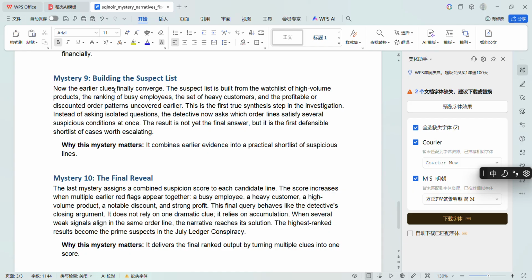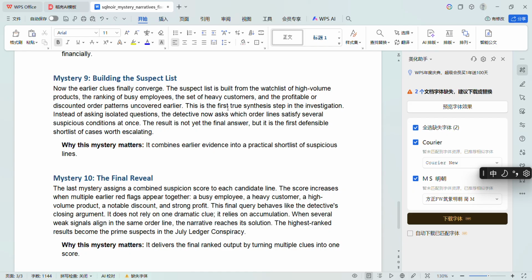Now the earlier clues finally come together. The suspect list is built from the watch list of high-volume products and the ranking of busy employees, and it implies the set of heavy customers and the profitable over-discounted patterns uncovered earlier.